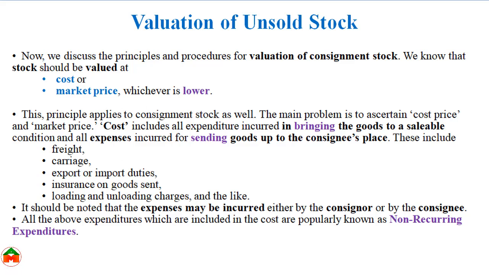In determining the cost price, we have to consider the expenses incurred for bringing the goods to a sellable condition, as well as expenses incurred for sending the goods to the consignee. For example, for sending the goods, the consignor may need to pay freight, carriage, export or import duties, insurance on goods sent, and loading and unloading charges.